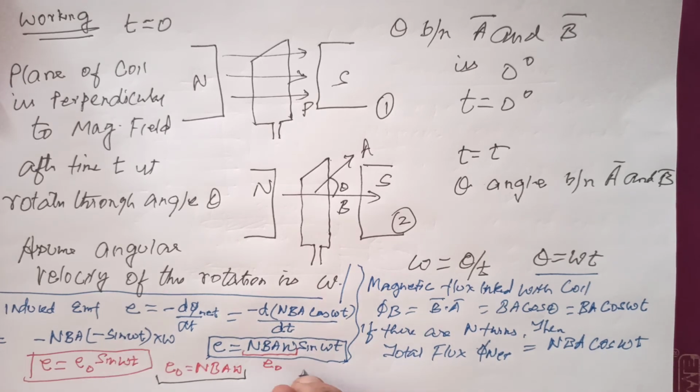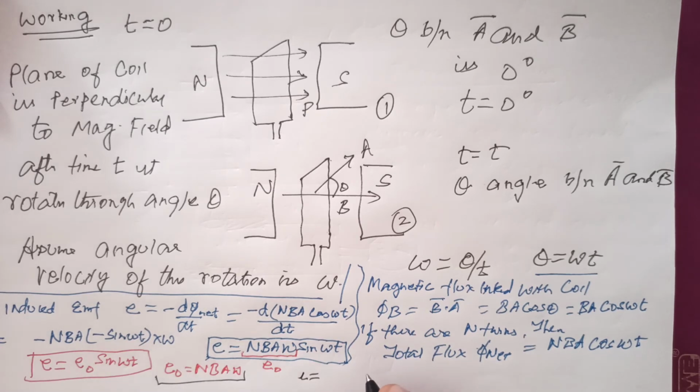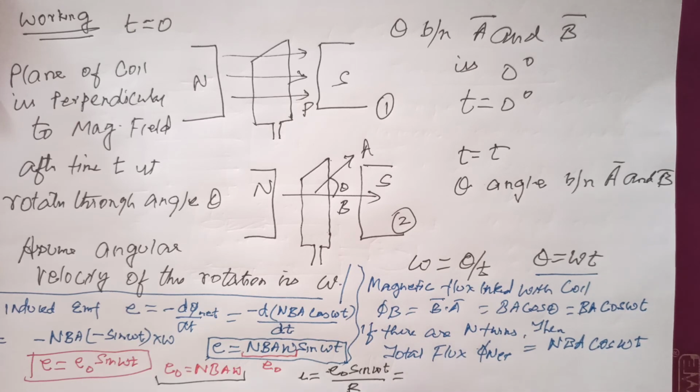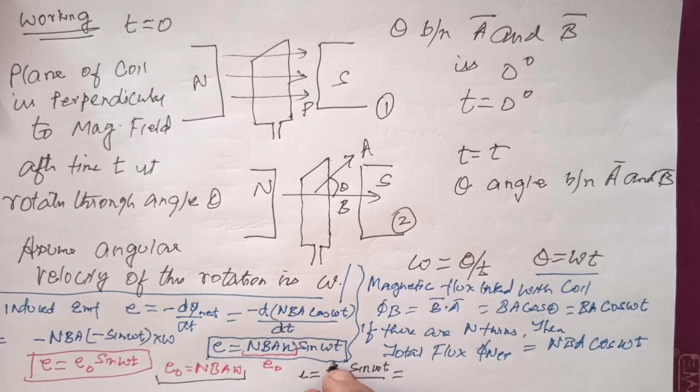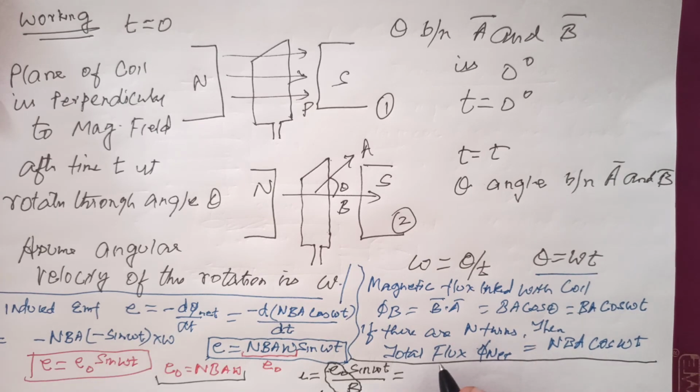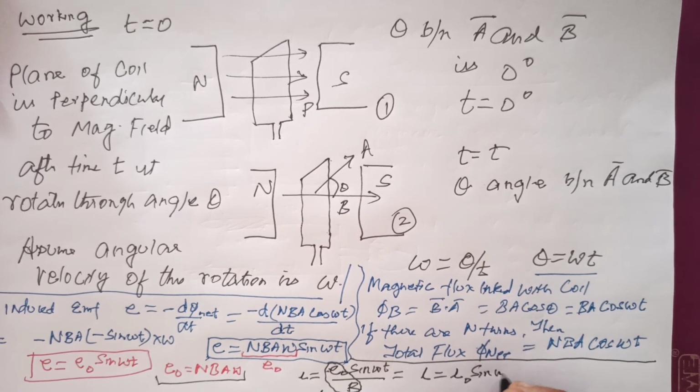Current is I is equal to E naught sine omega t divided by R, or if I put this as I naught, I can write I is equal to I naught sine omega t.